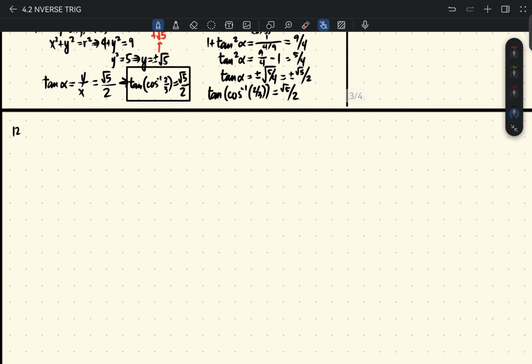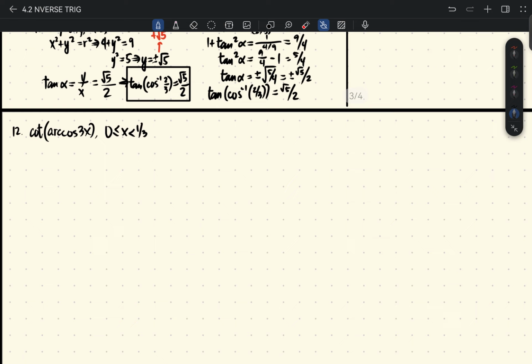So for number 12, we are looking for cotangent of arc cos of 3x, where x is in between 0 and 1/3.